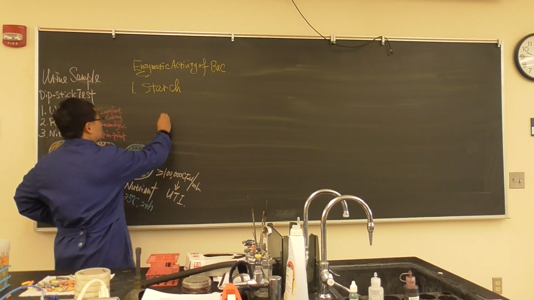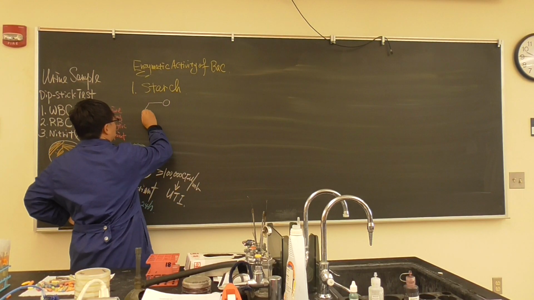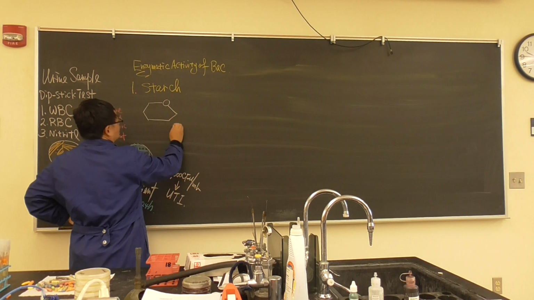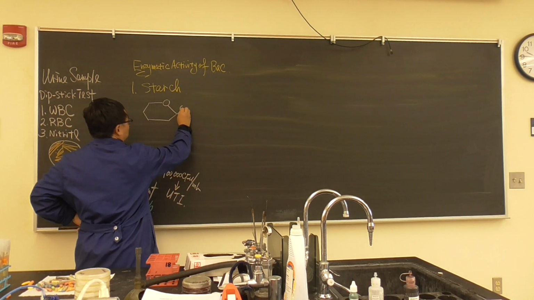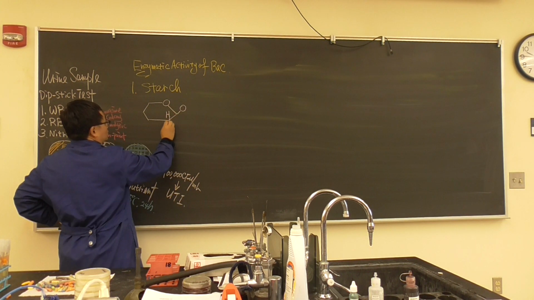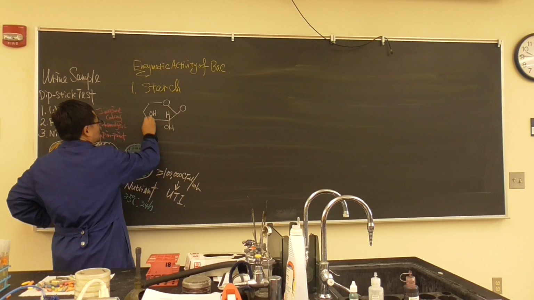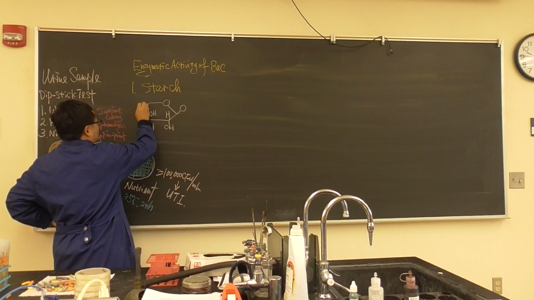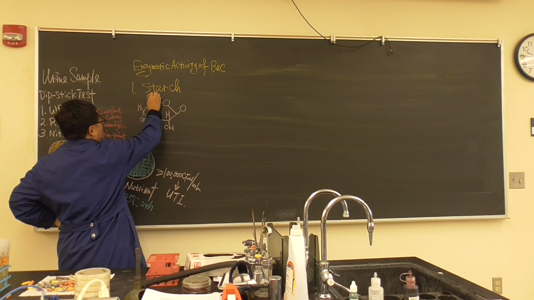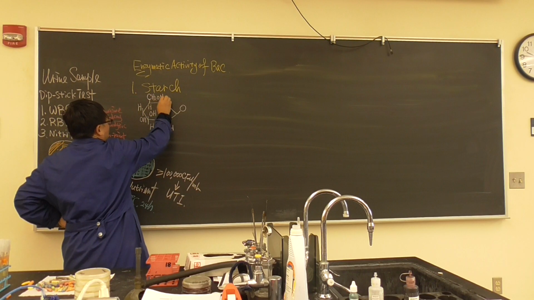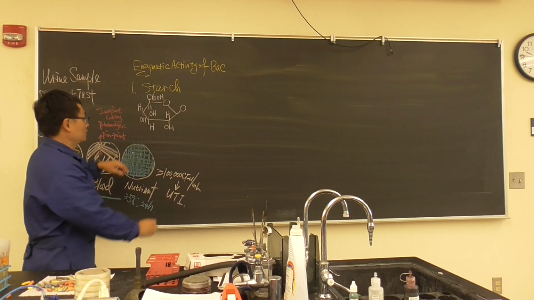So starch is composed of what? So H, OH, OH, H, go down, OH, H, H, CH2OH. What is that? Glucose.